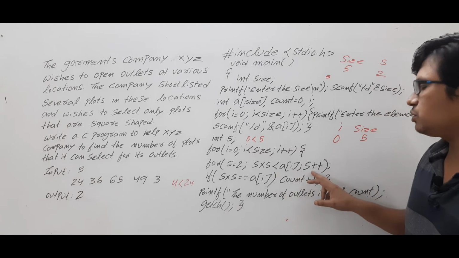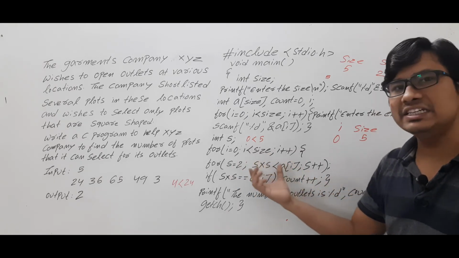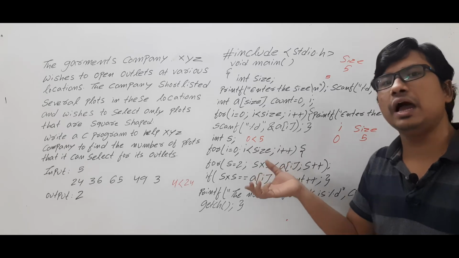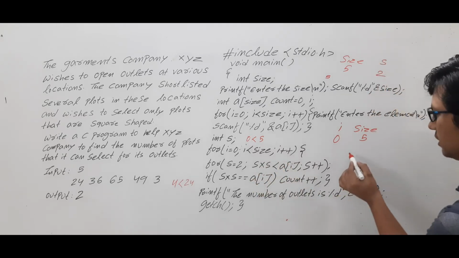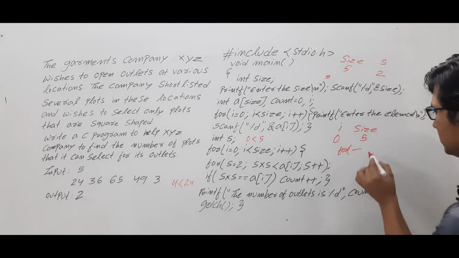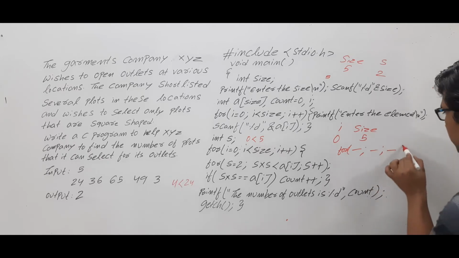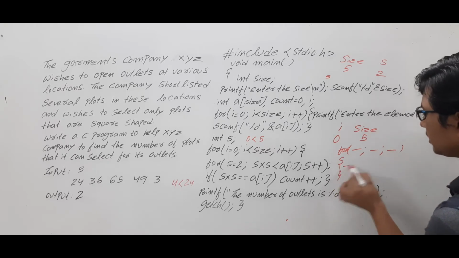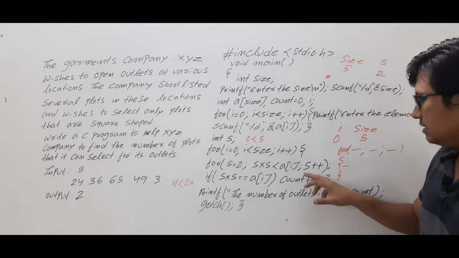If this condition is true, it will increment s plus plus. So you don't have any statements. This is nothing but, I can tell you like this only: you have a for loop, you have an initialization, you have a condition, and you have the update statement, and you have an empty body, the same one. Is it clear?